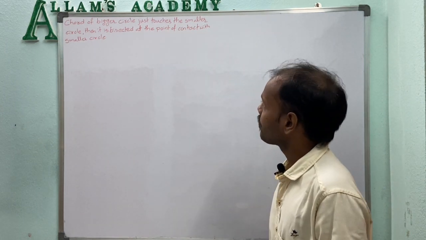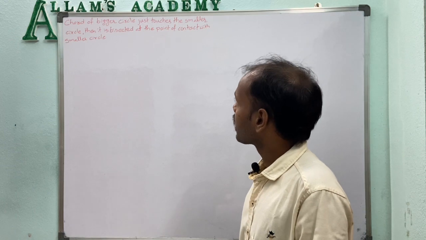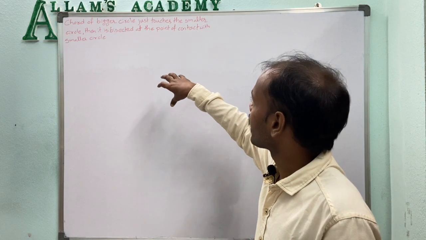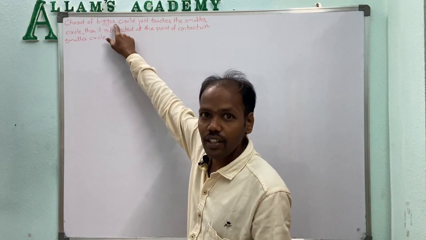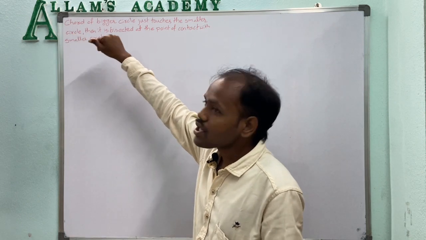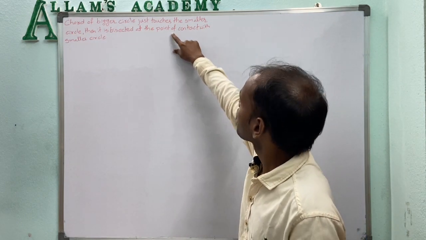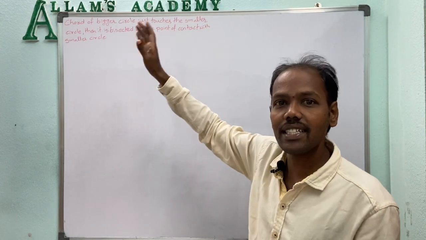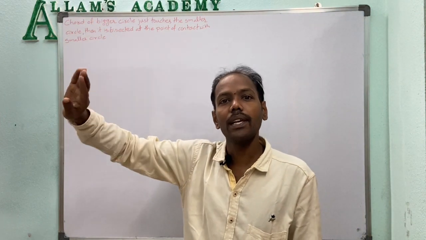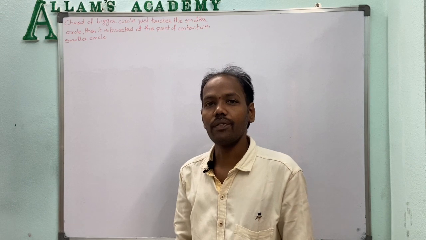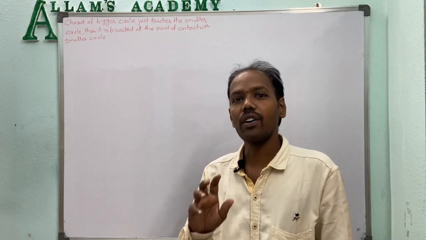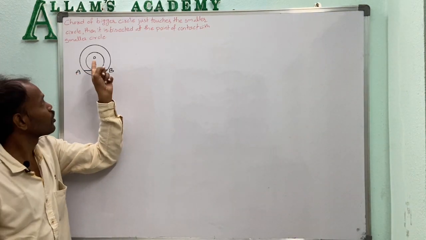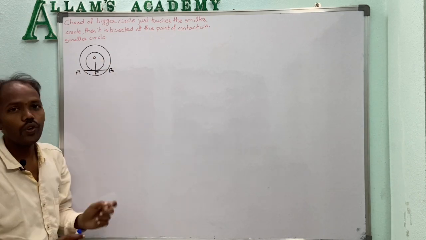So here, given a big circle and a small circle inside it, the chord of the bigger circle is a tangent to the smaller circle at the point of contact, and that point bisects the chord. That we have to show. For that purpose we take two circles with the same center. Now here we draw two circles with the same center O only.